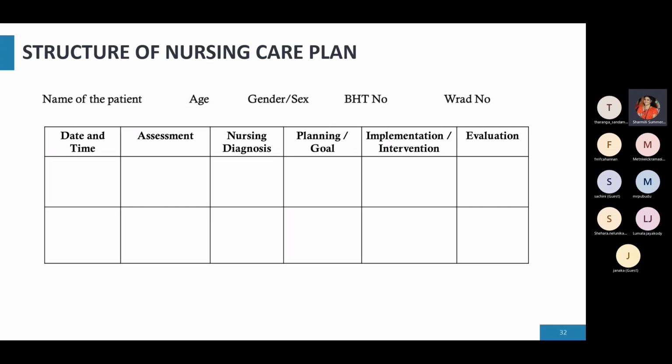All the problems we include in the nursing diagnosis. That's why we say the nursing care plan is very accurate and very effective when caring for the patient, because under the medical diagnosis we are just focusing on the physical condition of the body and providing treatment for that.